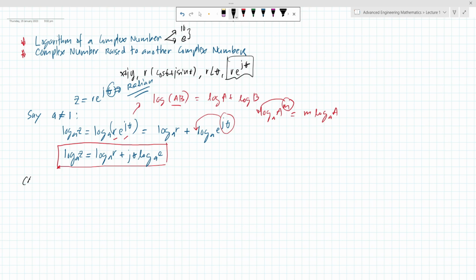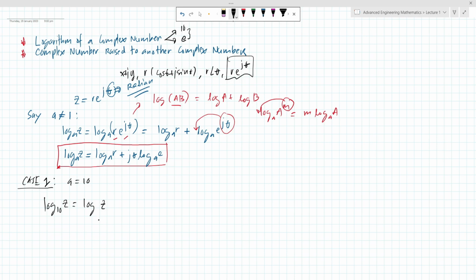Now, for case one, when the base is 10. Logarithm with base 10 is called the common or Briggsian logarithm. When the base is 10, you don't have to write the base 10. So let's say log of z to the base 10, you can write that as log of z only.